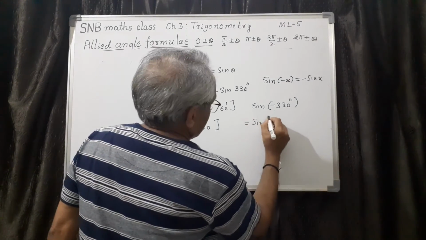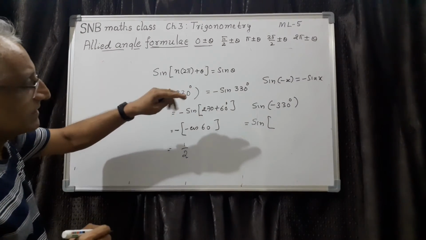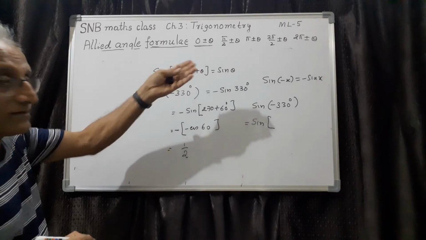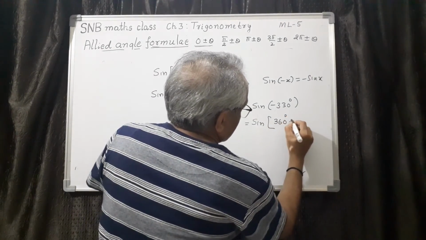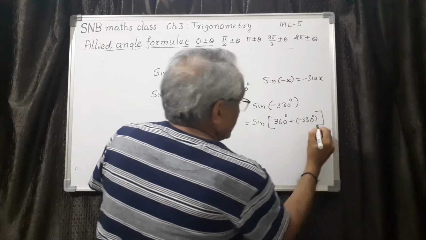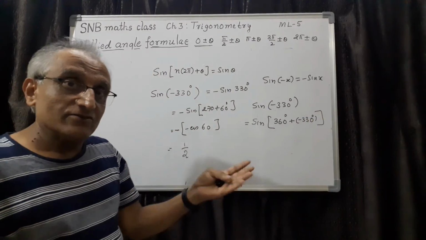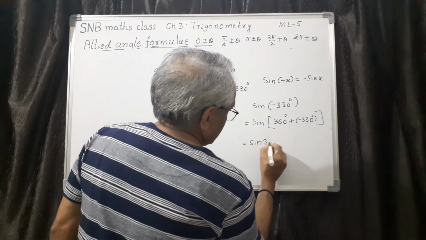Sine of, use this rule. Whenever the given angle is negative, you can add 360 or its multiple. So I will add here 360. This rule you have to remember, plus minus 330. Whenever the angle is negative, you can make it positive by adding either 360 or its multiple. So this will be equal to sine 30 degree.